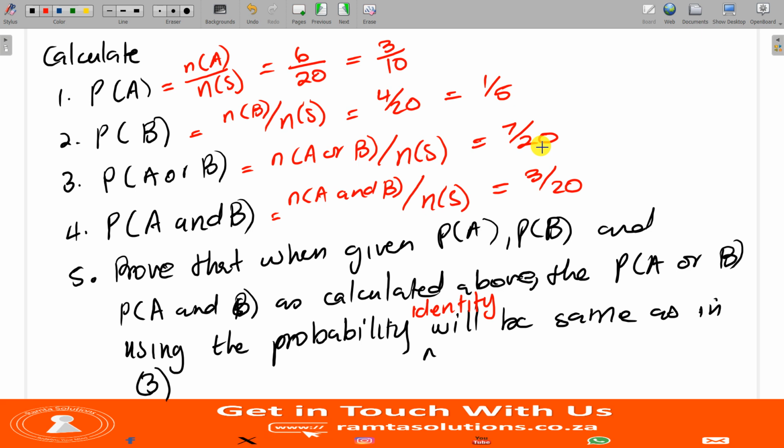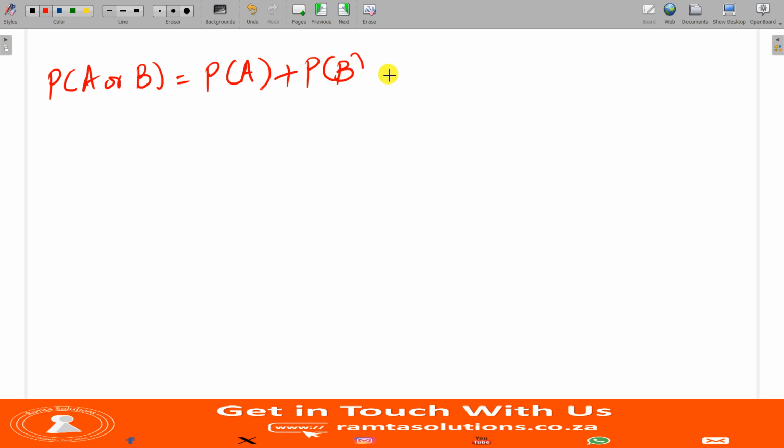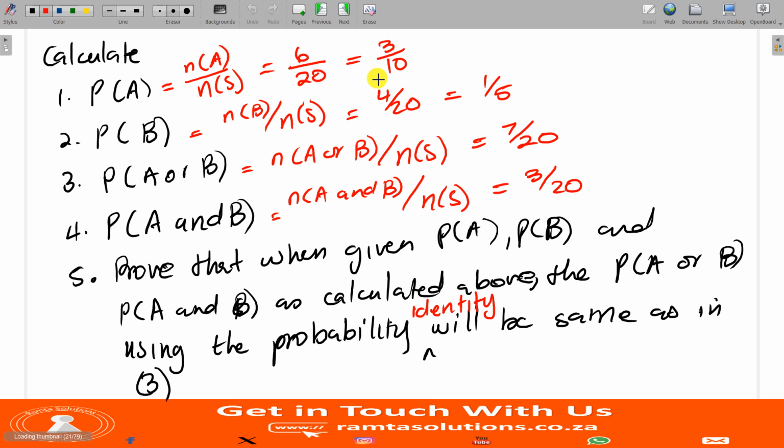So now let's prove it. The probability identity is: the probability of A or B is equal to the probability of A plus the probability of B minus the probability of A and B. So what is this? The probability of A is 3/10 or 6/20.